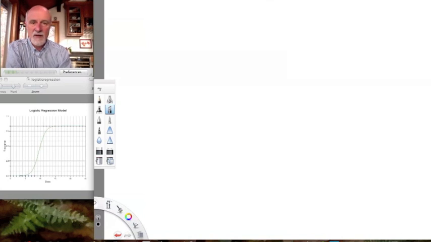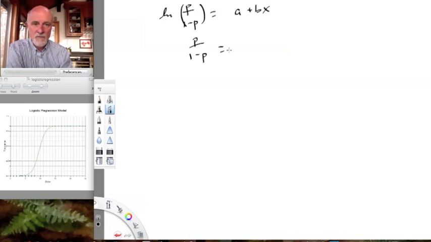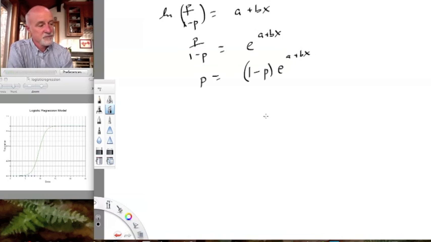Go ahead and erase that. Natural log of p over 1 minus p equals a plus bx. Then we know what the natural log is. We can use the definition, and so then we can have p equals 1 minus p times e to the a plus bx.